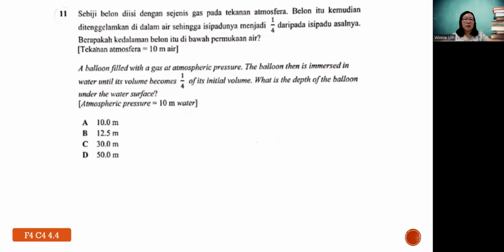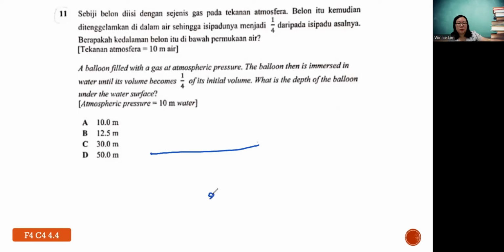Next, a balloon filled with a gas at atmospheric pressure. The balloon is then immersed in water until its volume becomes 1/4 of its initial volume. What is the depth of the balloon under the water surface? Okay, this question actually involves two topics. One is the gas law, another is pressure from Form 5. So I sketch out the idea of a balloon.